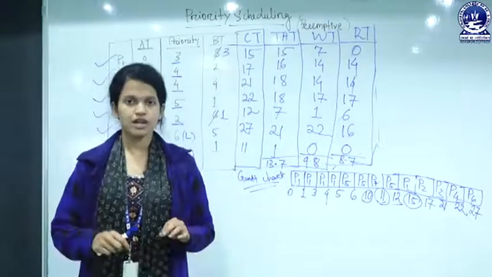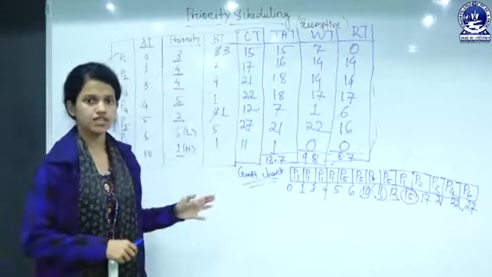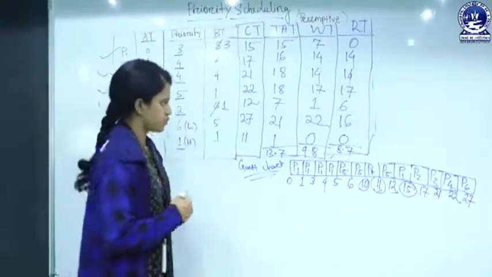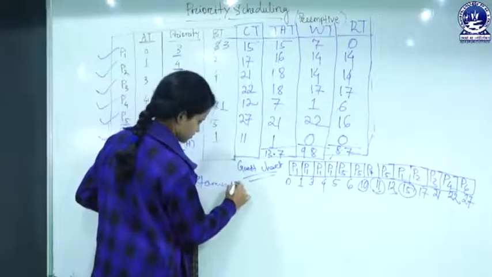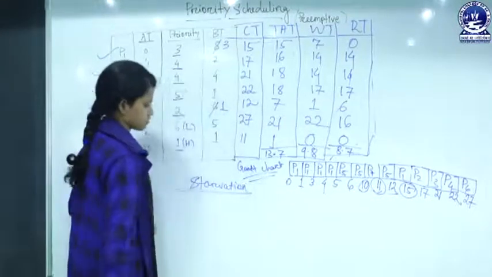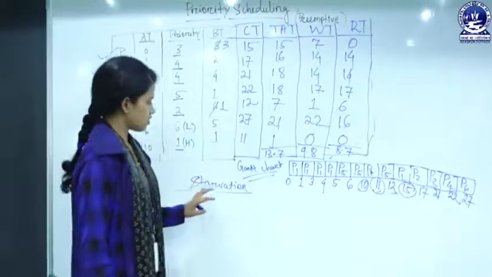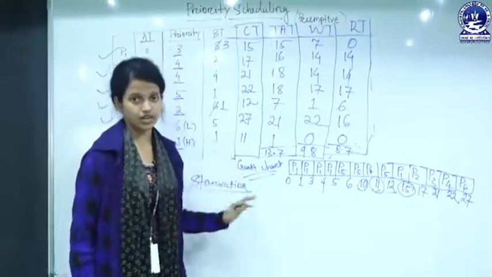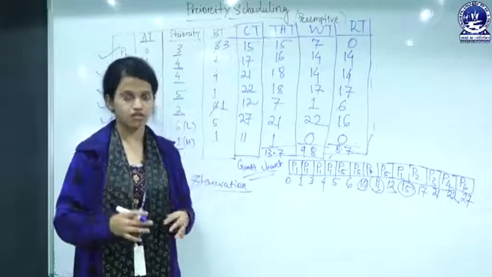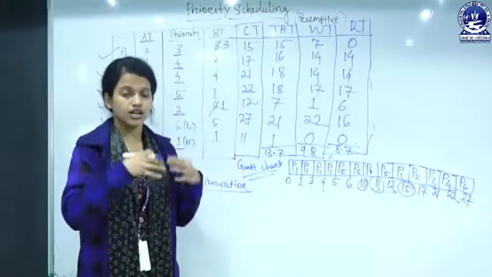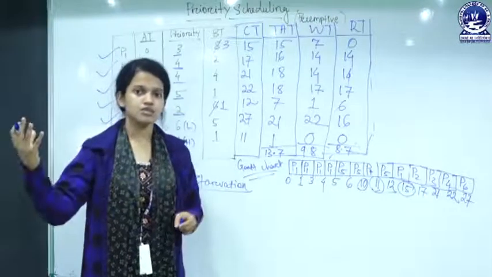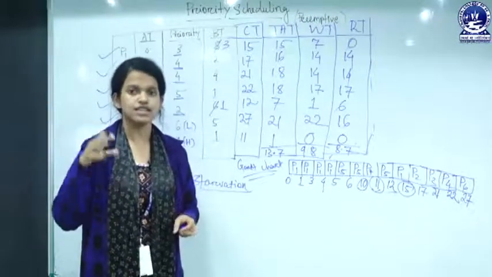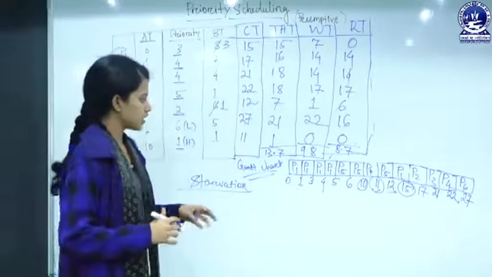Fine. So the main drawback of preemptive priority scheduling is the starvation problem. Processes have to wait a long amount of time when the currently running process has lower priority than a newly arrived process in the ready state.